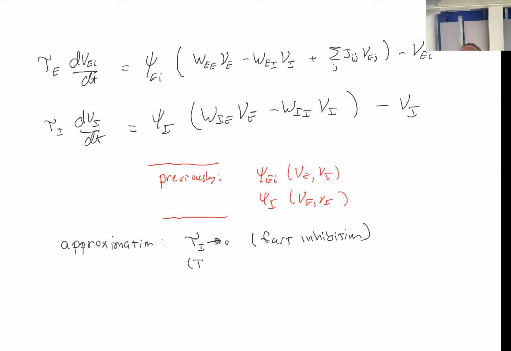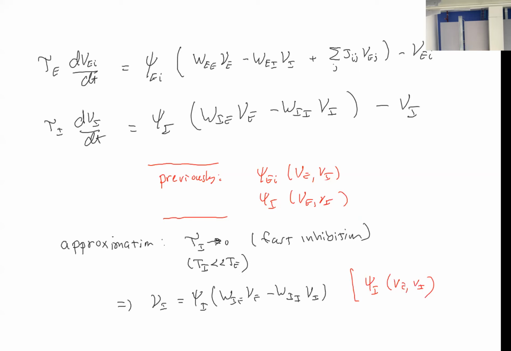We really just need tau I much less than tau E. And if tau I is really small, what this implies is that nu I is basically instantaneously set to WIE nu E minus WII nu I. And if we wanted to, we could have written this as psi I of nu E, nu I. This is kind of a detail.